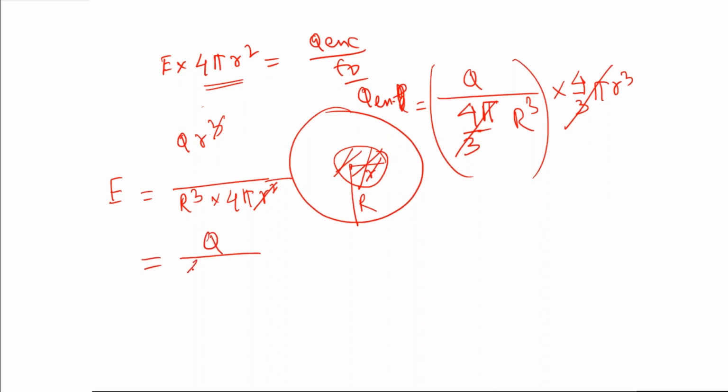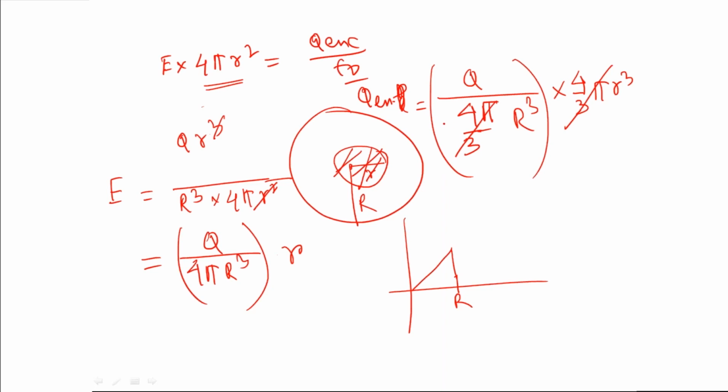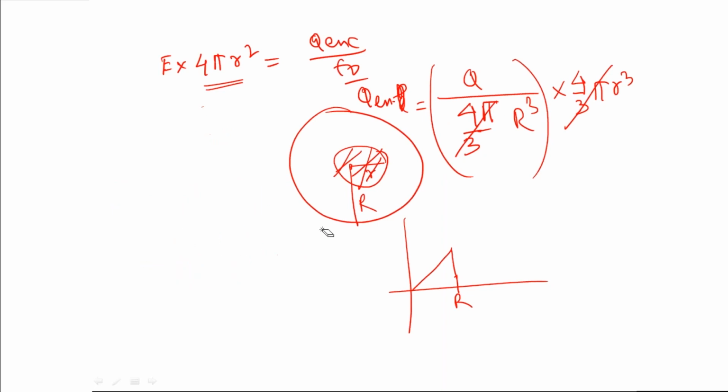But what about outside? For a sphere or any spherical shell, outside the sphere the whole charge behaves as if it is concentrated at the center. You have Q charge at the center, and you are calculating the electric field at a point at distance r.